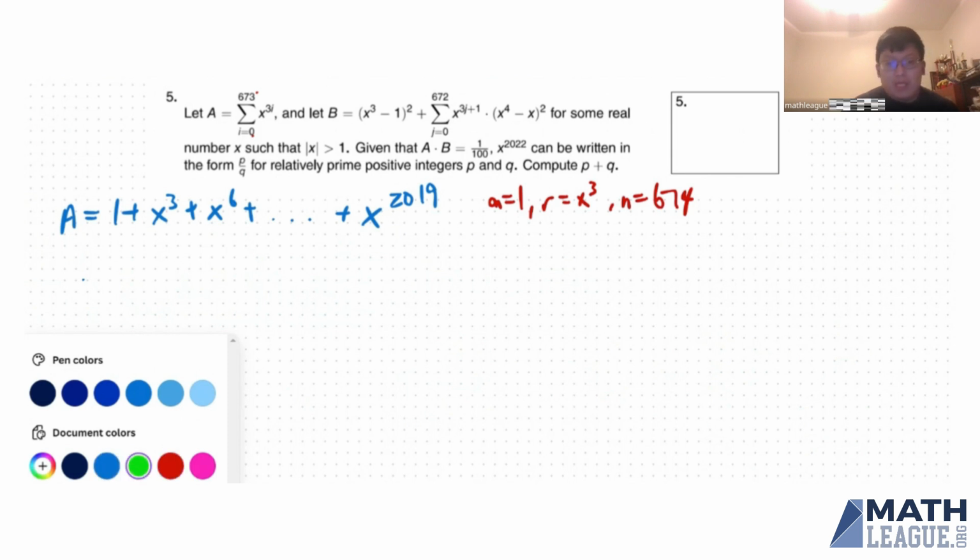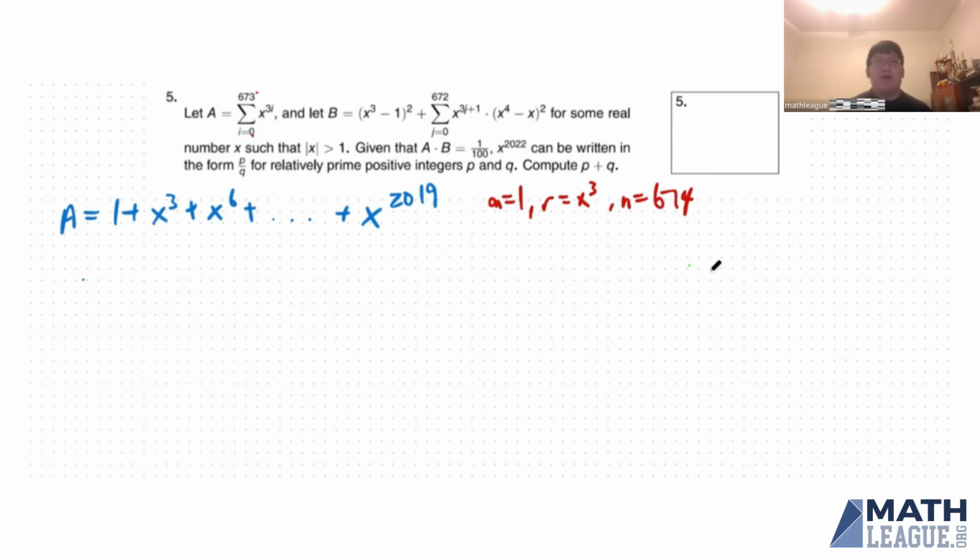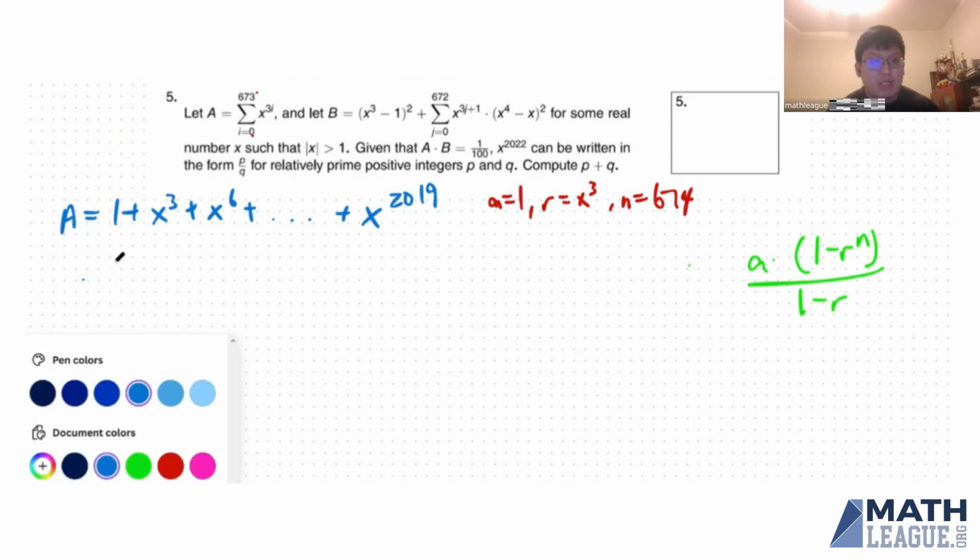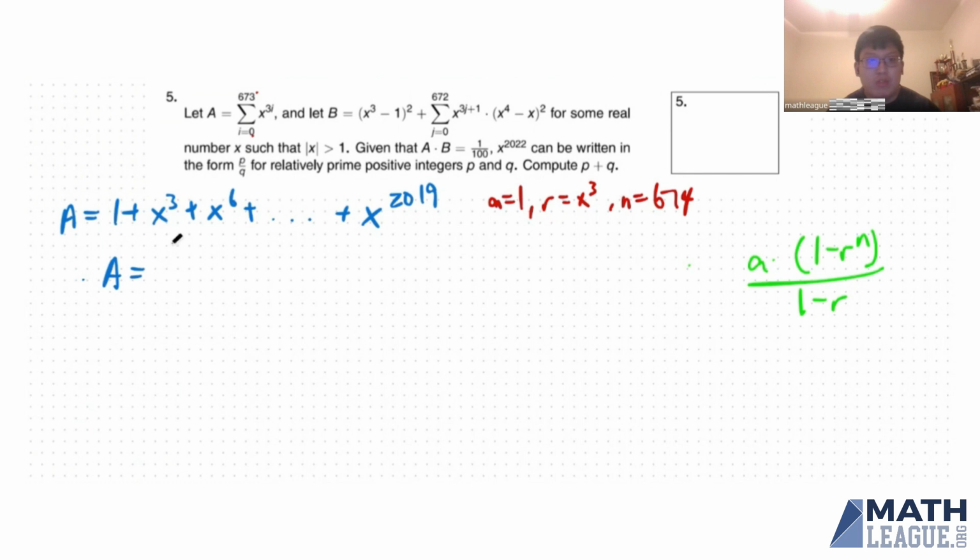Now, the formula for the value of a finite geometric series, or in other words, the sum of the terms in a finite geometric sequence, is a times the quantity 1 minus r to the n over 1 minus r. Here a is our first term, r is the common ratio, what each term is multiplied by to get to the next, and n is our number of terms.